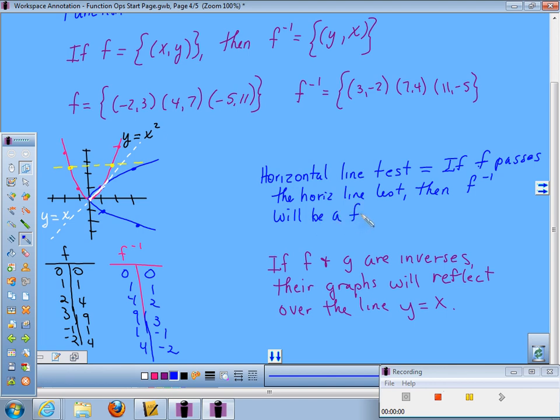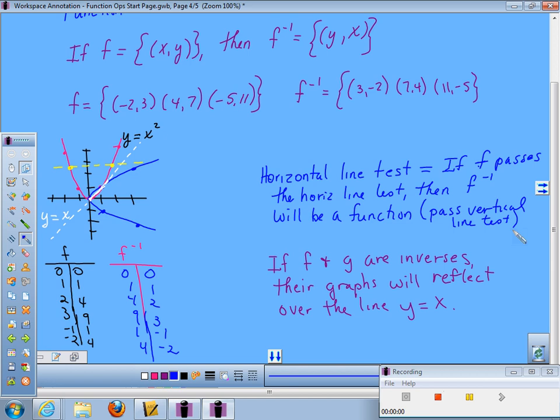In other words, it will pass the vertical line test. So that's a quick way to tell when you're working with a function, if you have its graph, whether or not it's going to have an inverse that's a function.